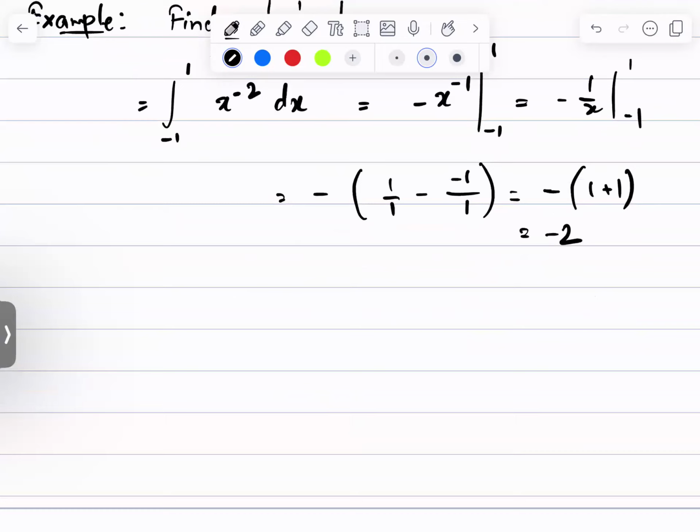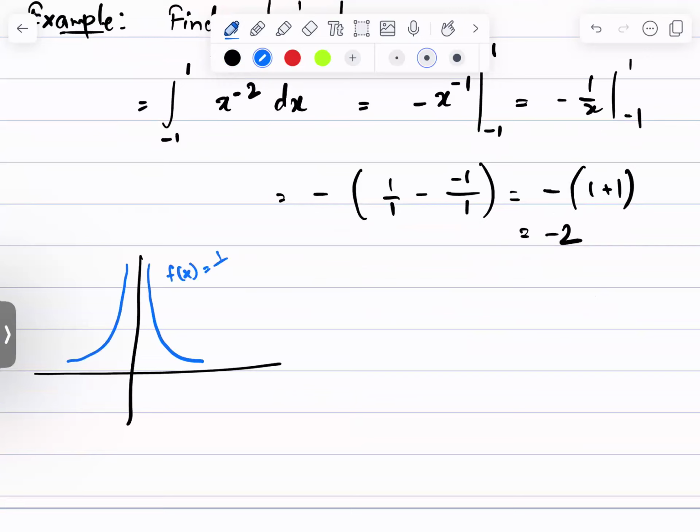But then again, if you try to see the graph of this function 1 over x squared, it looks like this. So this is minus 1, this is 1. So basically you are trying to find the area of this region, right?